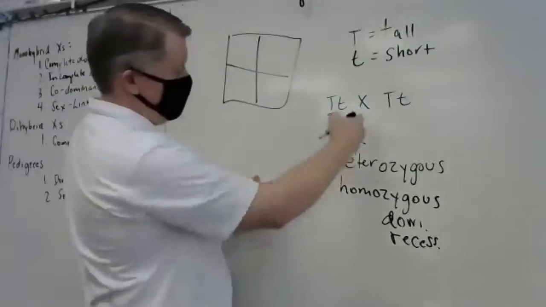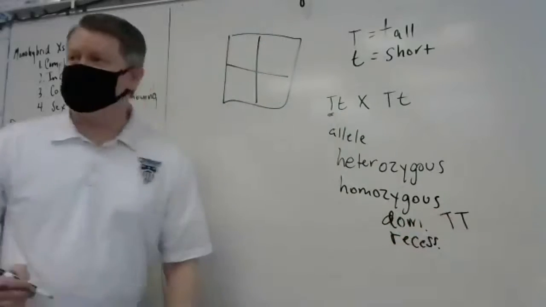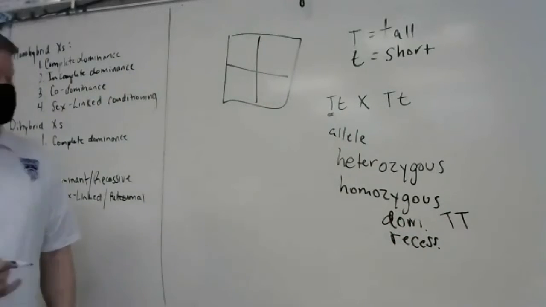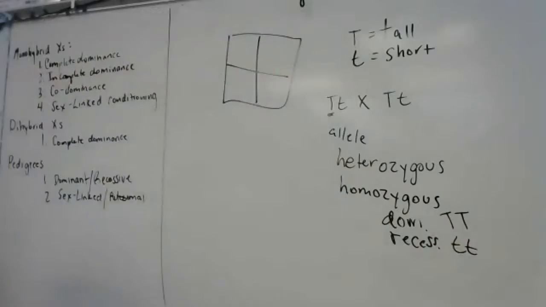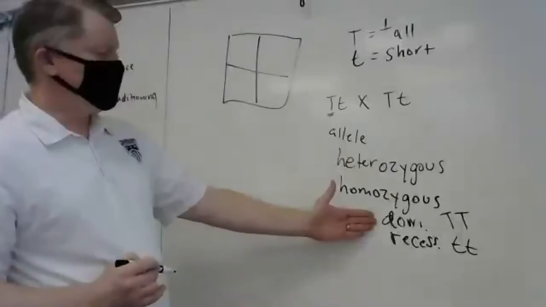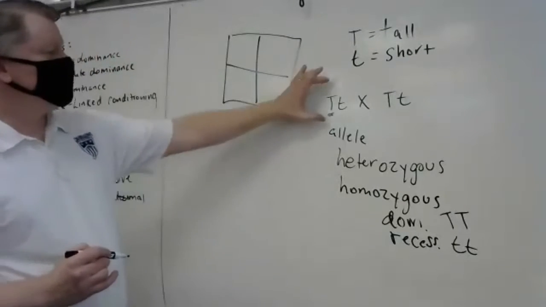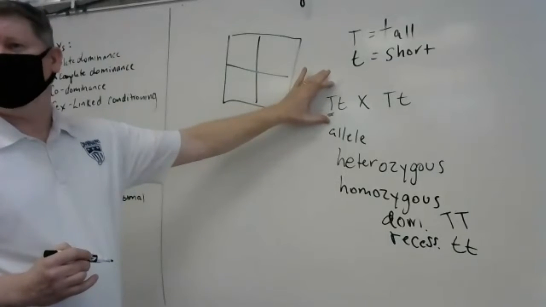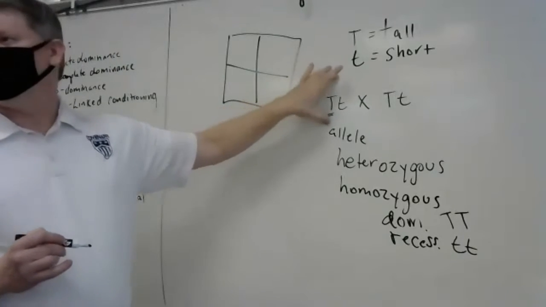So in this situation, if you've got a dominant condition, you've got two capital T's, right? And if you've got a recessive condition, you've got two lowercase t's. So this officially would be referred to as homozygous dominant, and this homozygous recessive. Heterozygous doesn't need to be clarified. Automatically, when you say heterozygous, you automatically mean two different alleles.